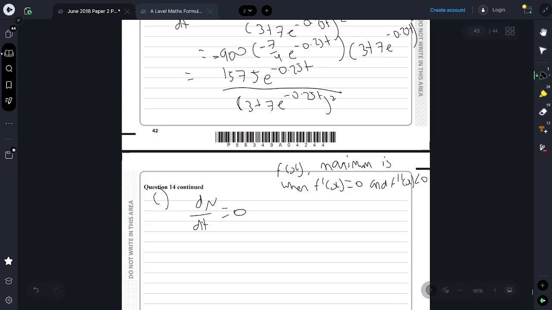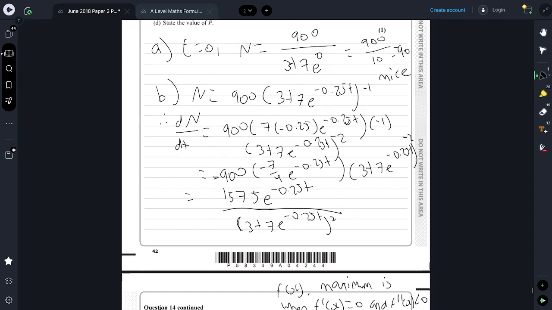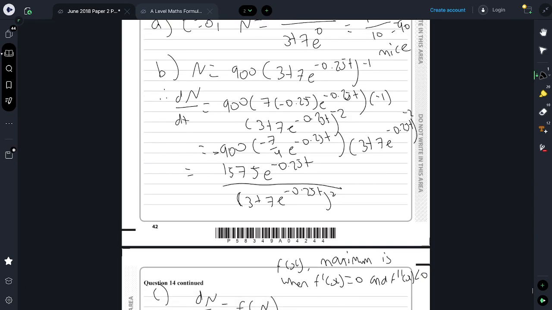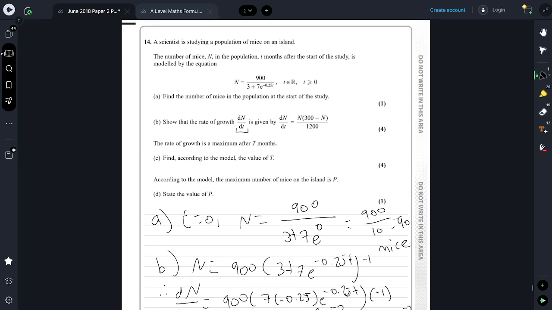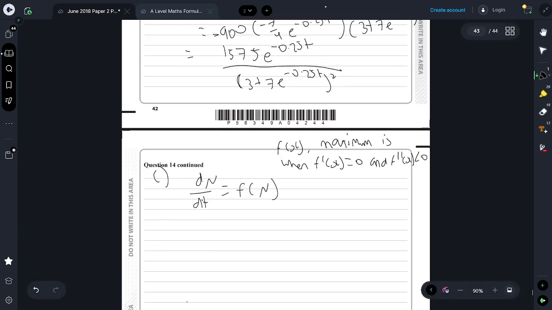Okay, but it's saying that we want to maximize this. So this is almost a function in itself, f of n. Again, it is in terms of t, but I'm looking at this in terms of n. You could say in terms of t. Why not do it in terms of t? Be a bit more specific. F of t.